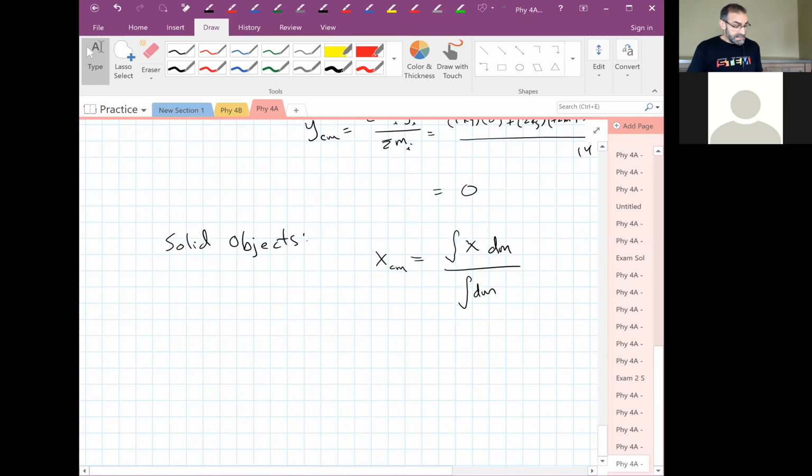Okay, what is this dm? It's the mass of some little tiny part of our solid object. Let's say I had a rod. What would I do?